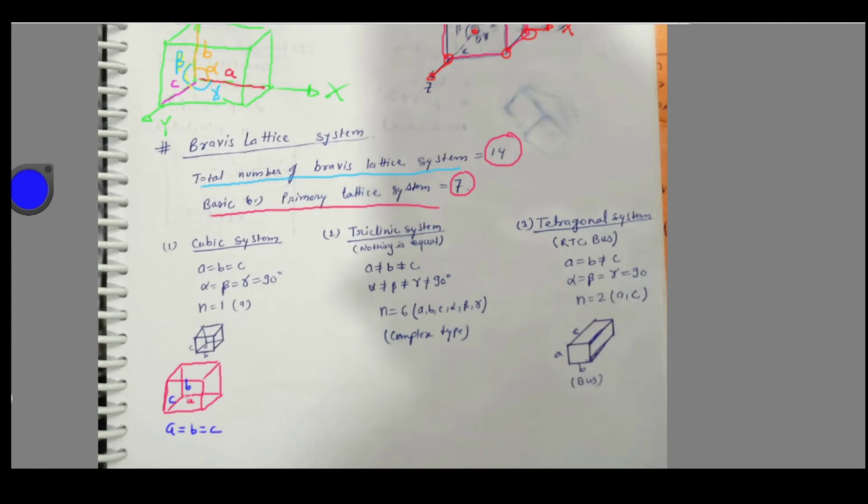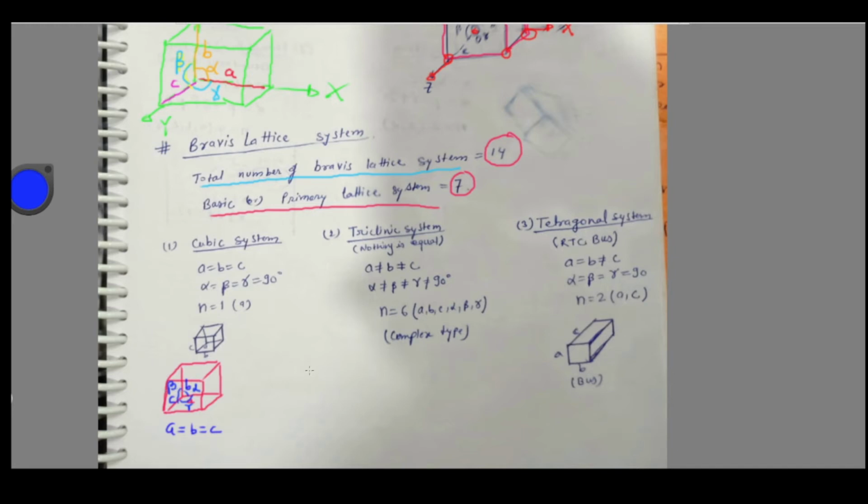All the angles alpha, beta and gamma are also equal. That's why it is cubic. So this first one is simple cubic.